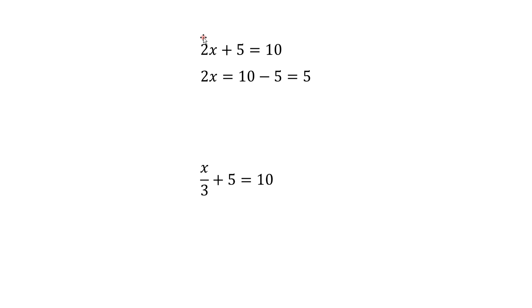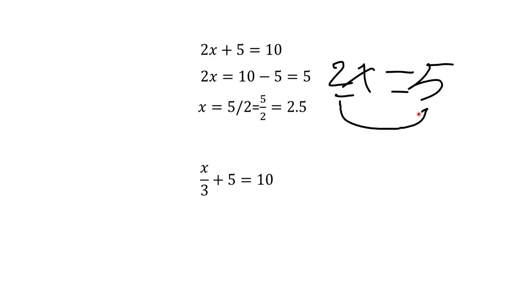So 2x equals 5. Then I will take the 2 to the other side, and do the opposite, which is division. So I get x equals 5 divided by 2, or in this form, which is equal to 2.5.